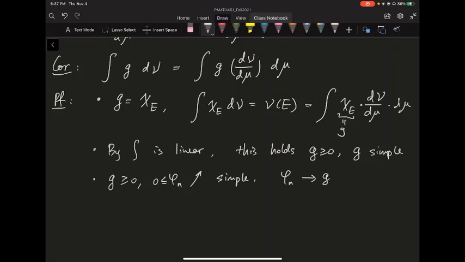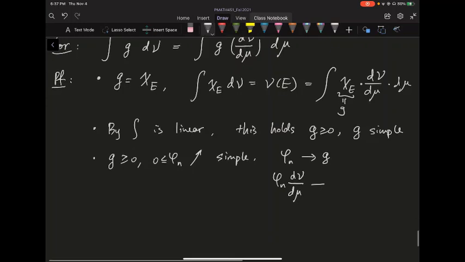Moreover, if you multiply by the Radon-Nikodym derivative, which is a non-negative function since mu and nu are positive measures, you still have an increasing sequence of functions that converge to g times d nu over d mu.